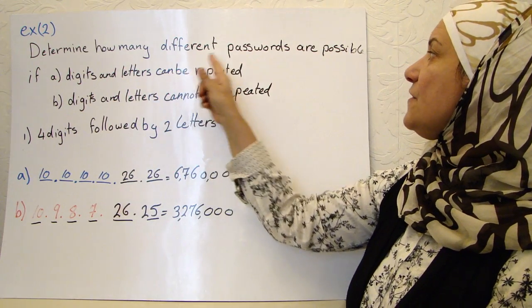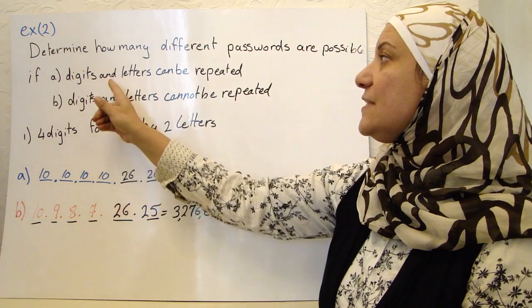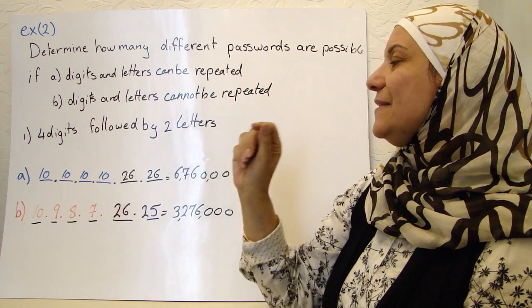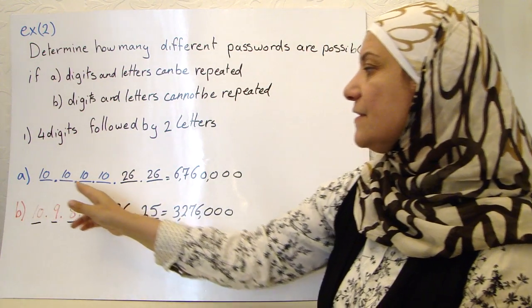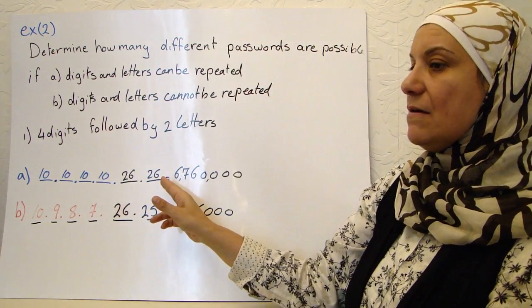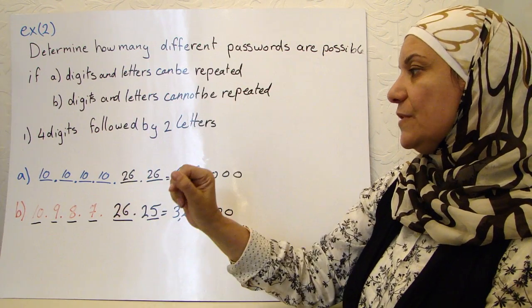Determine how many different passwords are possible if, first, digits and letters can be repeated, and second, digits and letters cannot be repeated. Now, I'm going to have 6 places, and I want to have digits and letters for a password.